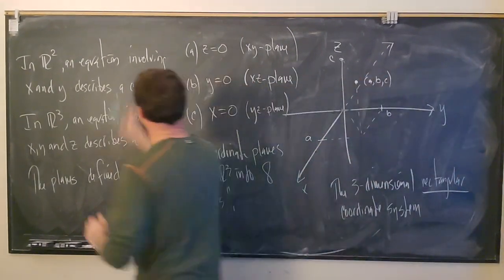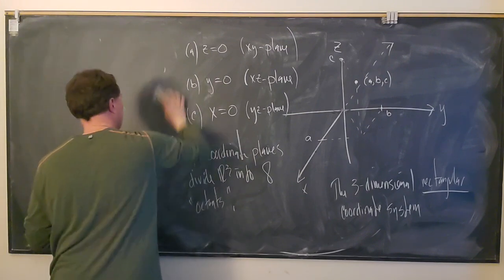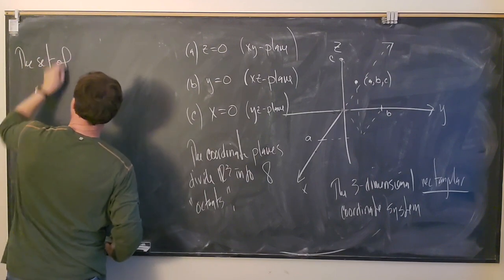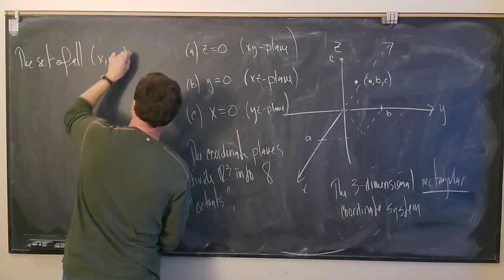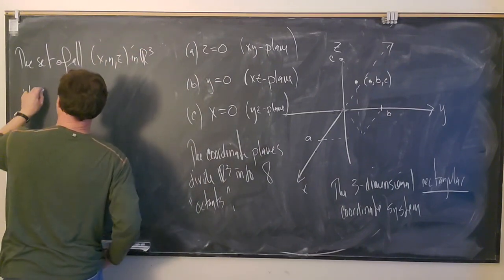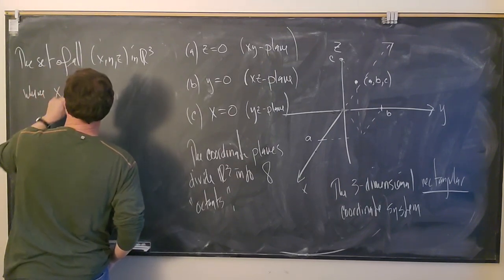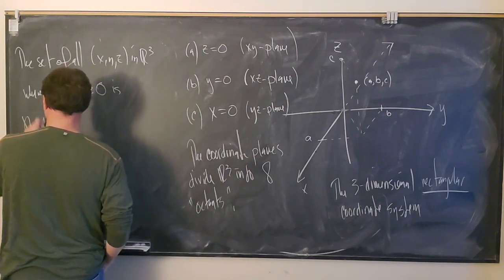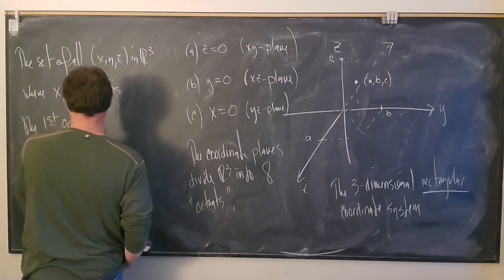So the first octant, the set of all x, y, z in R3 where x, y, and z are all greater than or equal to 0, is the first octant.